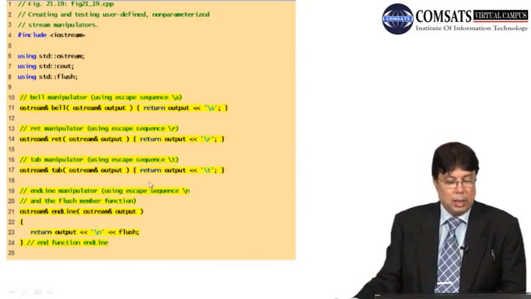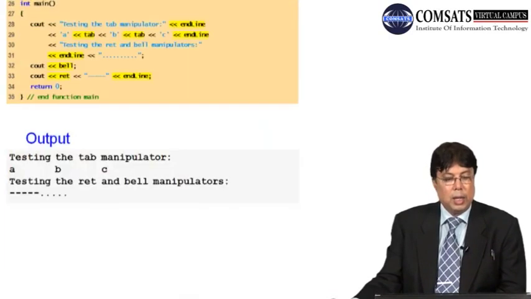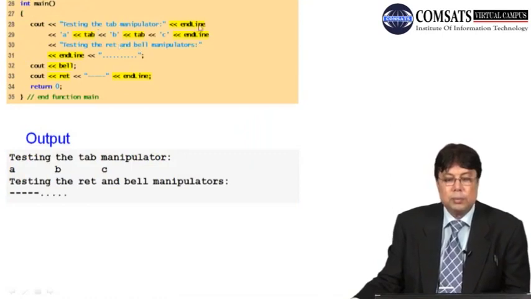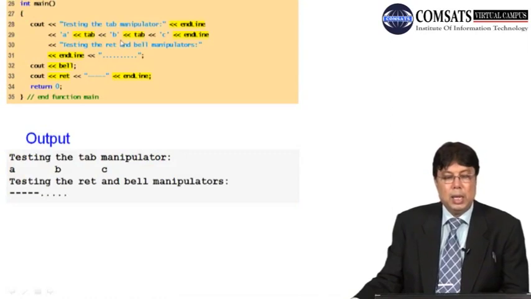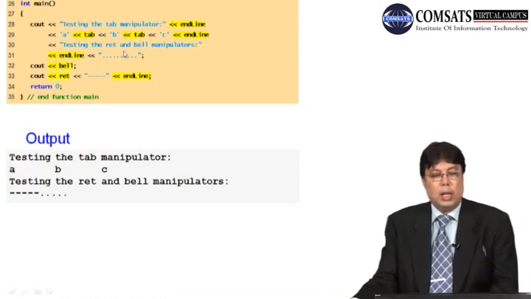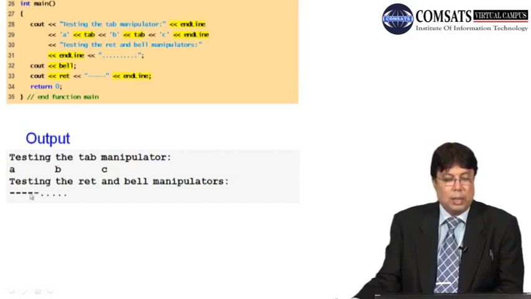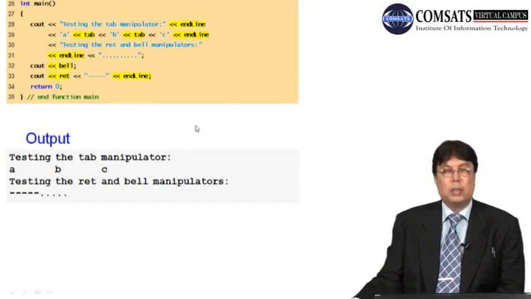This is the end of all the definitions of the functions that you have provided here, and then simply you can use it here. Endline, this A tab, B tab, this endline. Testing the rest of the bell manipulators like this that you have already defined, and you can output the result of that.